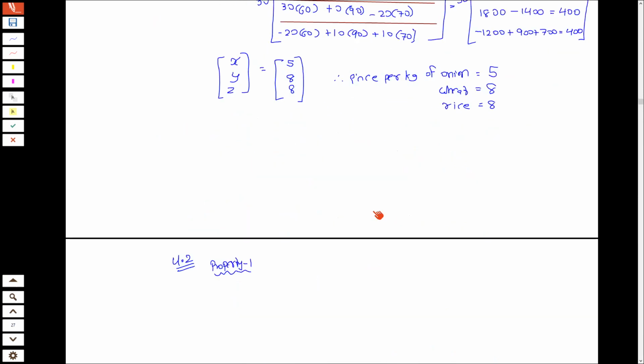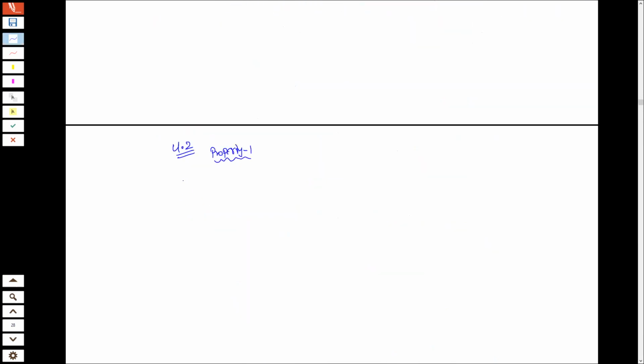You can write like this, property number 7: if any row or column is 0, then the value of the determinant is 0.